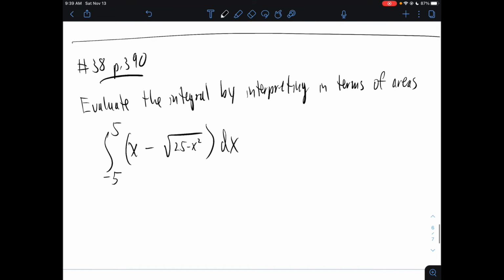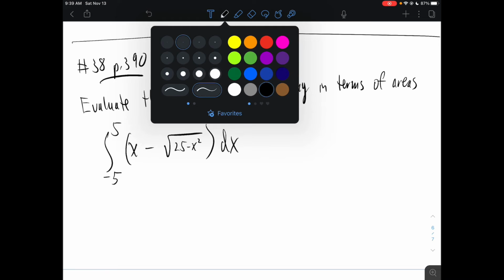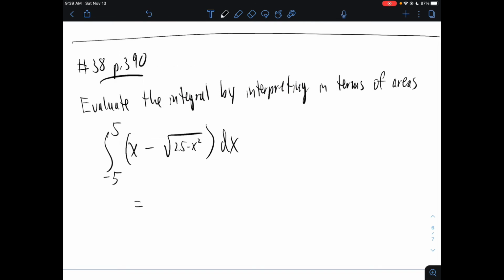Now, one of the properties that we have says that we can actually split up this integral into 2 separate integrals. So I can handle the first function, x, and find its area, and then subtract the area related to the second function, square root of 25 minus x squared.